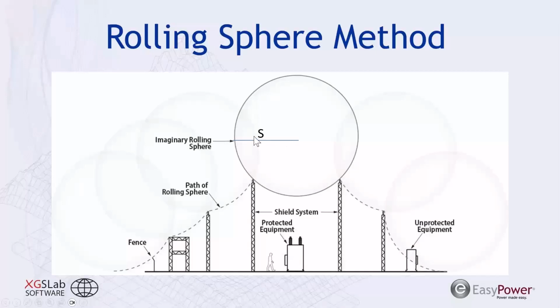Now, I mentioned we're looking for the minimum stroke current, and the reason is the smaller your stroke current is, that correlates to a smaller sphere. And you can imagine if we were to shrink this sphere down to half the size, that sphere would be able to roll over this mast and roll down, roll over this mast and roll down, and now this transformer is no longer protected.